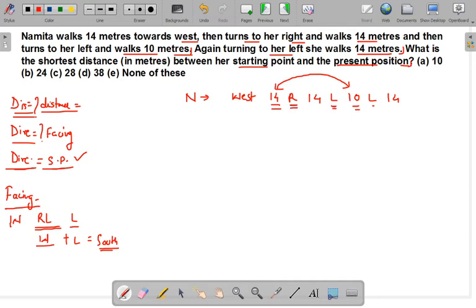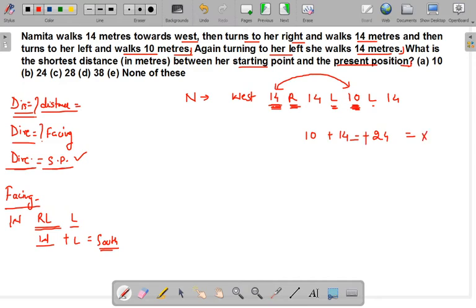So whenever the two directions between the first and the third value, mind it, first and the third value, don't take the second value, whenever the directions are right and left, we will add them. So we will add 10 plus 14, this is 24. This is x, which is positive.